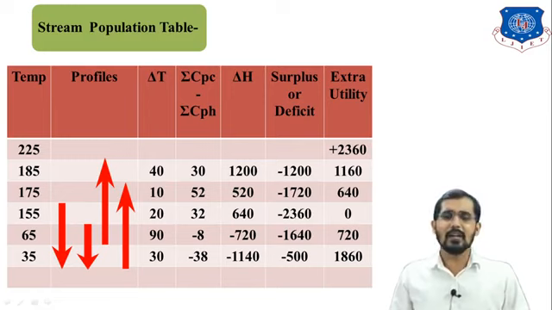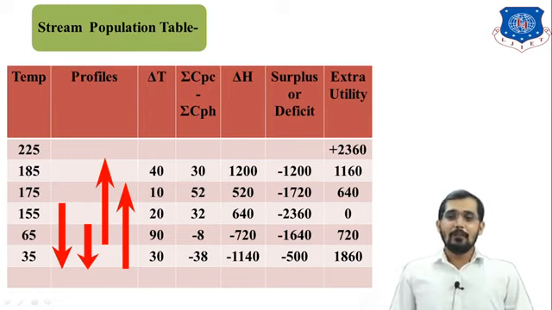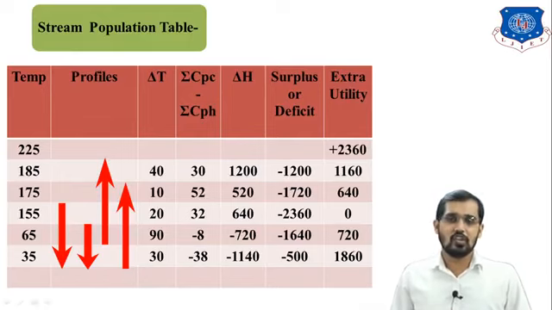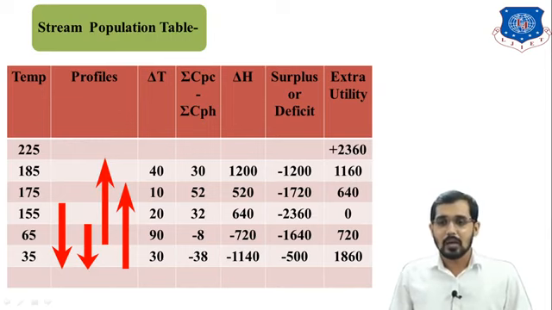Then after that, the next column, that is the difference between the summation of CPC minus CPH. This is the heat capacity flow rate or mass flow rate for the cold streams minus the summation of the mass flow rate for the hot streams. Now how to calculate this? You can see here, this 30 comes from this. You just have to observe this profile.